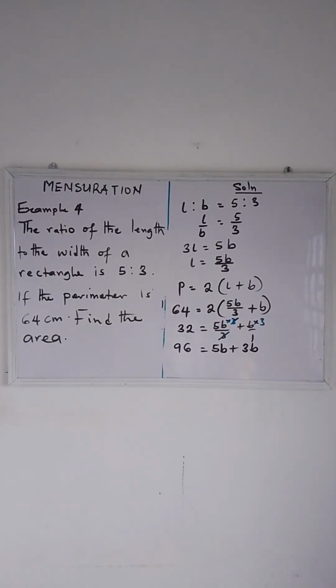Okay. Yes, I can see this is Osage, right? The area is 240. Area is 240. I think the unit is supposed to be in centimeter square. I'm not seeing that.